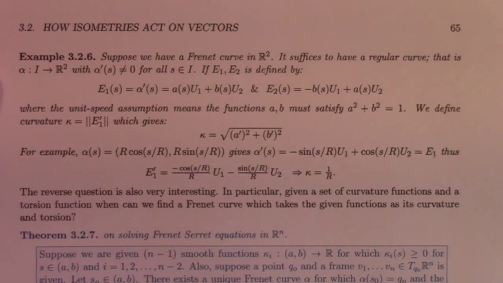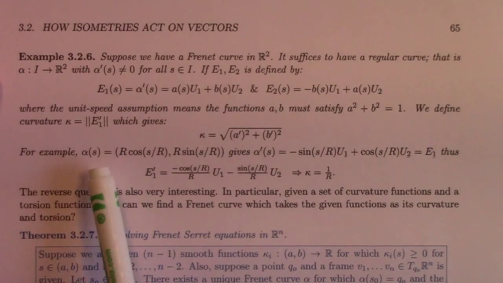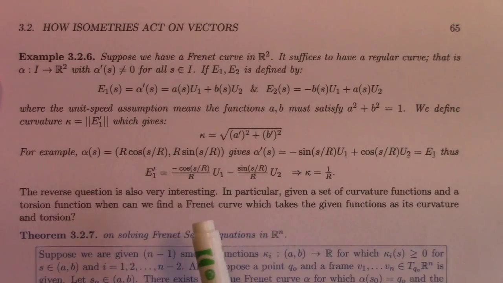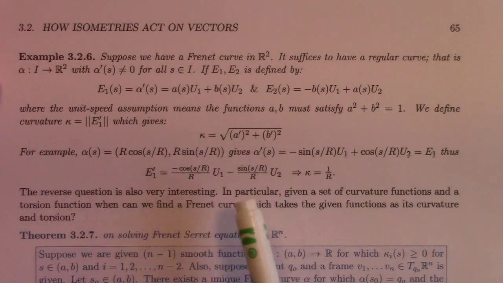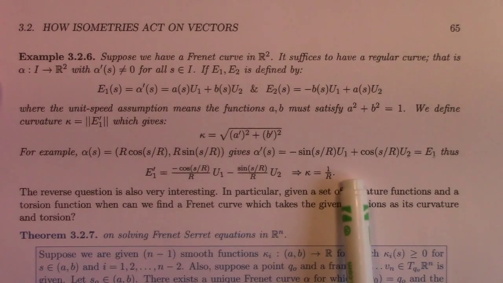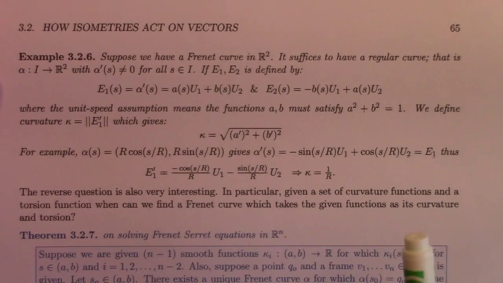But then if you think about a specific curve, for example this circle, then the velocity is this, and so e1 prime is that, and that implies that the curvature is 1 over the radius. Perhaps we did see that before in the 3-dimensional case, but here's a 2-dimensional calculation that shows you again the curvature of a circle is the reciprocal of the radius. But notice that this is a 2-dimensional example, which is not something we had before.